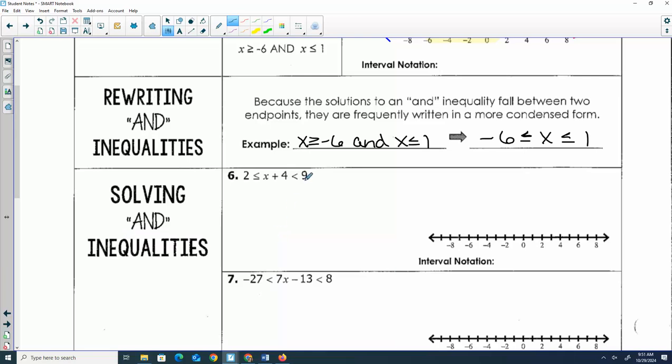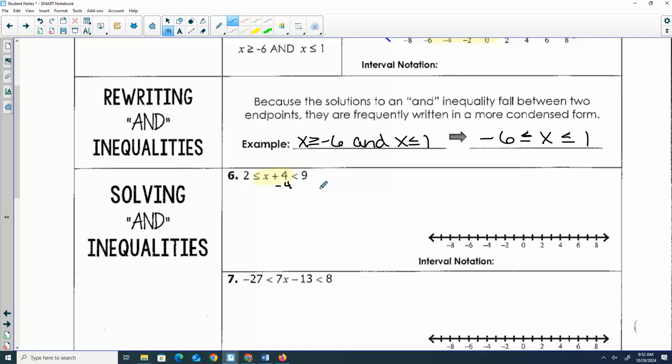Okay, so if we have them just written like that, we can solve it from this big inequality, and we don't have to graph multiple things at the end. If I were going to solve this, we're looking at this center part, and I want to get the x by itself. So if you want x by itself, we would have to do what with this 4? Subtract 4. In an equation, you do it to both sides.